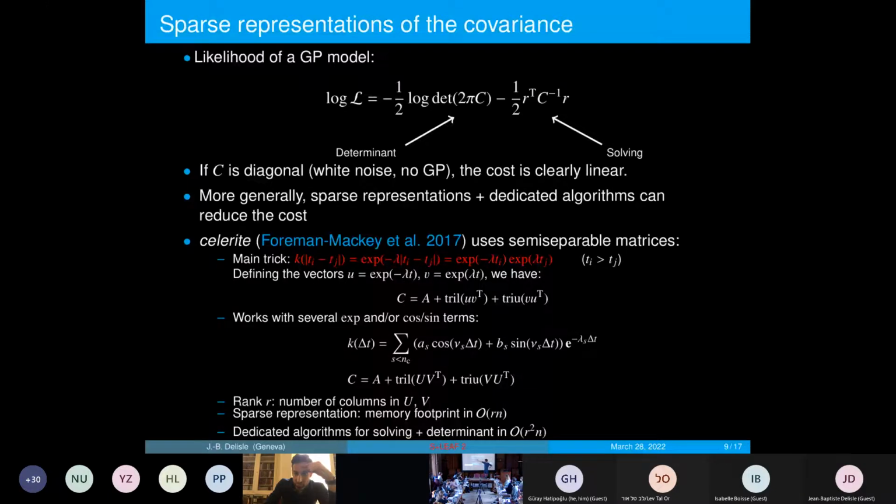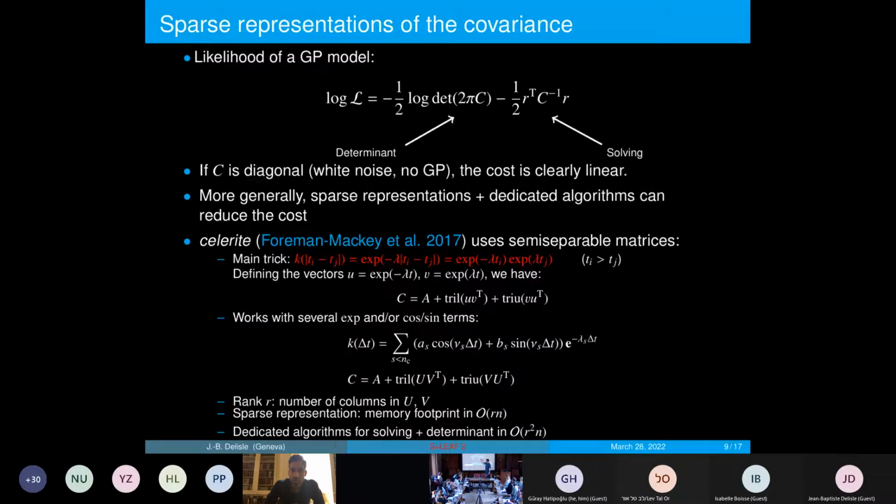So if you assume your kernel to be a simple exponential decay, you can split it into the negative exponential at time ti and the positive exponential at time tj, assuming that ti is bigger than tj, so assuming that you are in the lower triangular part of the covariance matrix.